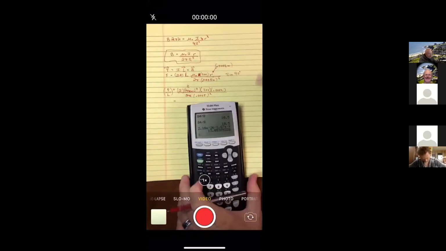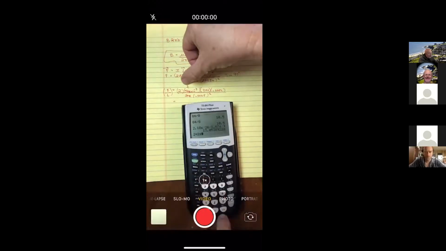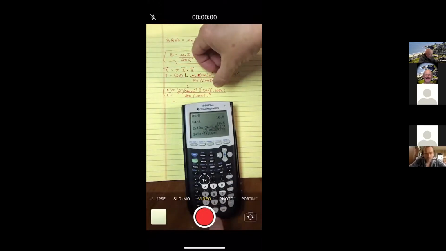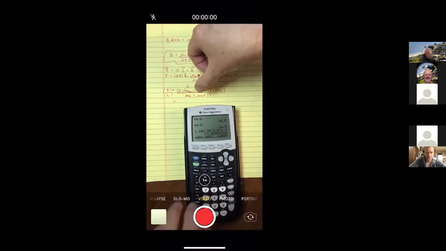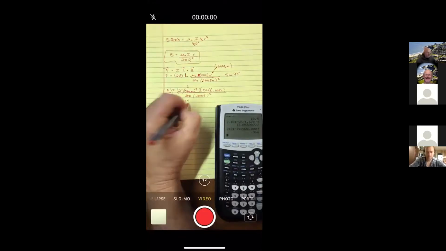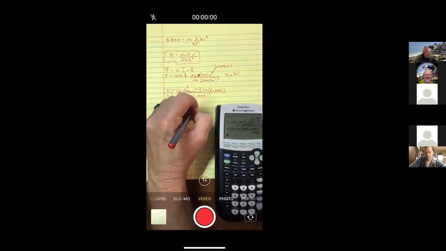I've got a 2 times a 2 to the negative 7th times a 200 times a 0.123 divided by 0.123 squared gives me a 0.064, and this would be newtons per meter.